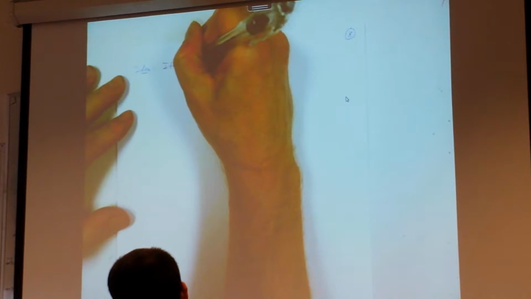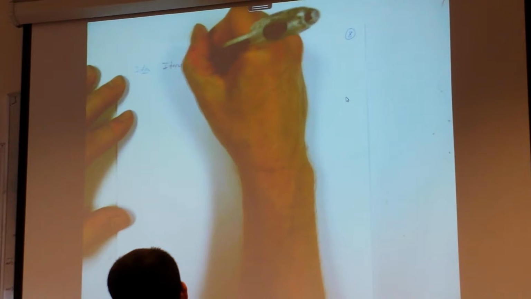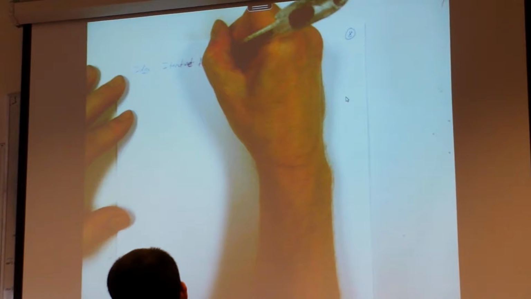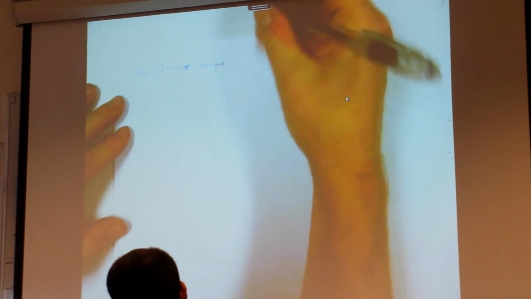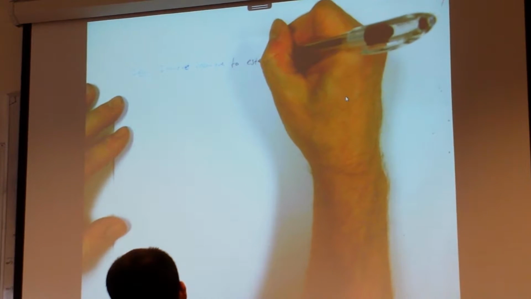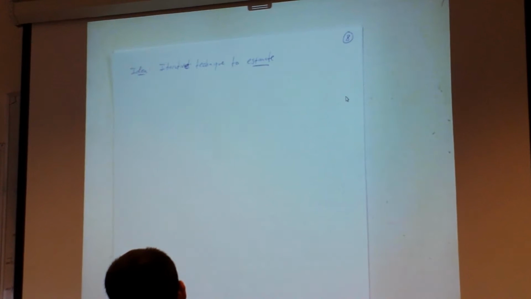So this is an iterative technique to estimate. These are not going to give you exact values. The only exact value I know is the initial condition, f of x naught equals y naught, or y of x naught equals y naught. We know that one to be true.